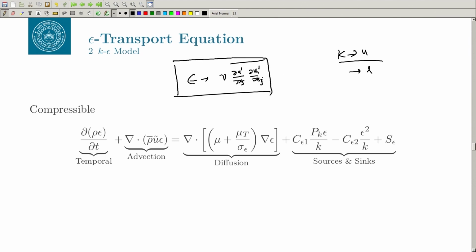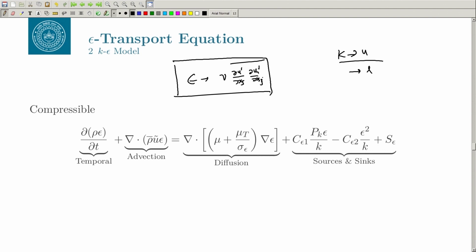Unfortunately, you cannot derive this equation from first principles. You have to use some kind of argument that we have seen in the turbulence kinetic energy. We have seen the temporal term, the advection term, the diffusion term, and the sources and sink term.